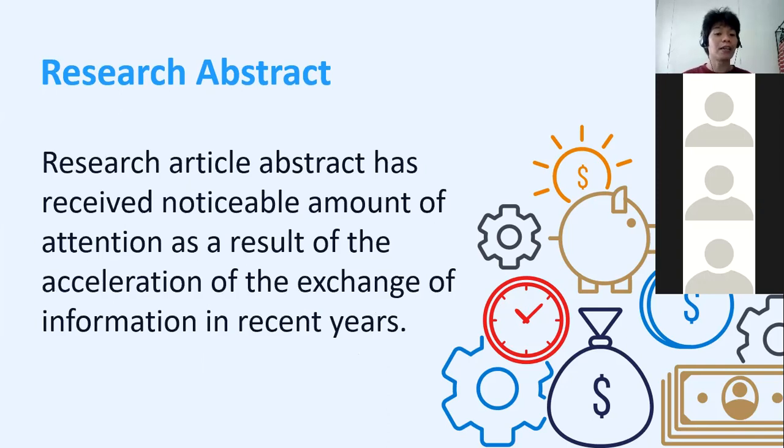Research article abstract has received a noticeable amount of attention as a result of the acceleration of the exchange of information in recent years. As I have mentioned earlier, one of the main functions of research abstract is to give a glimpse of the whole content of a research article.